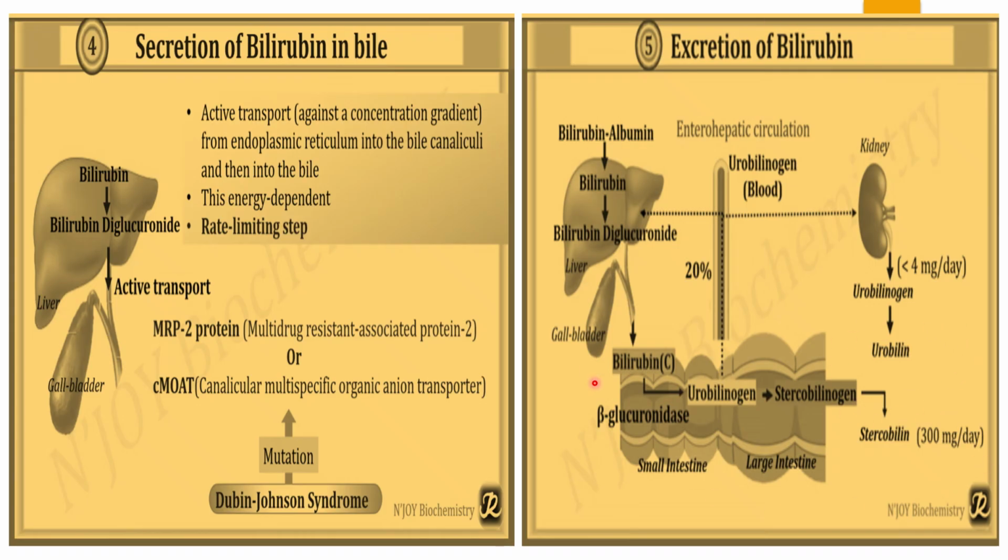So this is the overall excretion process of bilirubin, from bilirubin to bilirubin diglucuronide. Finally, via the excretion process, it is excreted out of the body through the colon and through the kidneys.